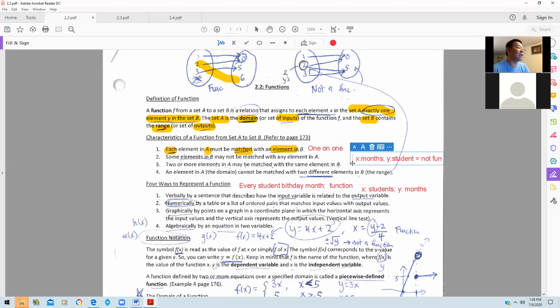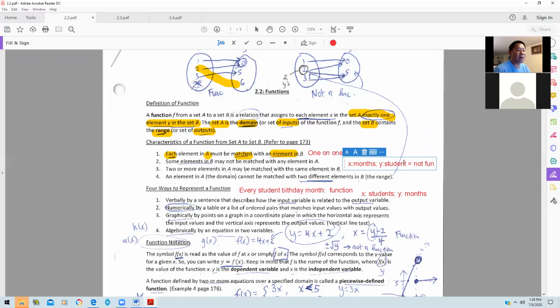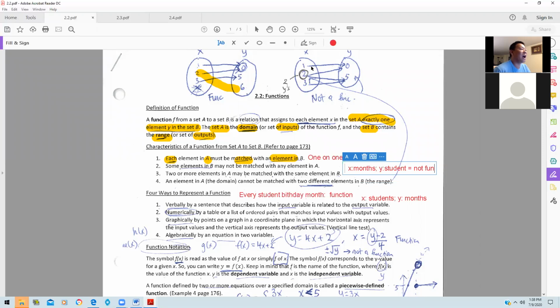The reason is, how many of you were born in January? Is that one student or a lot of students? Since we know that some of you were born in January, this is not a function, because in January I got Josh, I got Elijah, I got Ameka. Let's say that 3 of you were born in January. So that's why this is not a function. But if I ask you students and a month, then this is a function. So you need to watch out for what your X is and what your Y is.